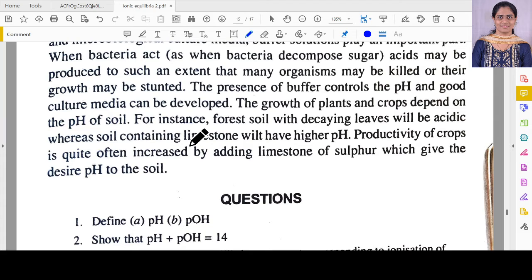Then the concept of pH, pOH, the pH scale, then calculation of pH value for simple examples, then examples for buffer solutions, acidic, basic, Henderson's equation, and then the buffer capacity. Okay, so that is all about part 1 of unit 1 of paper 2.